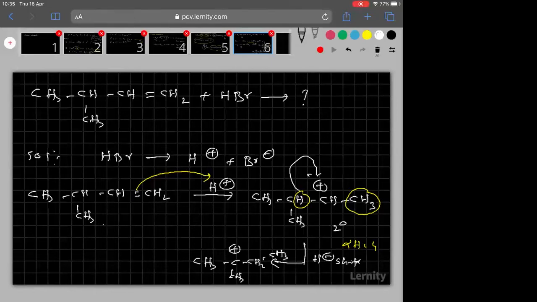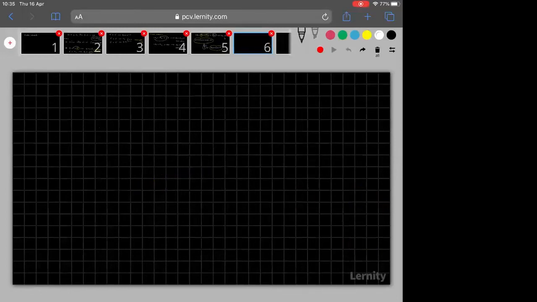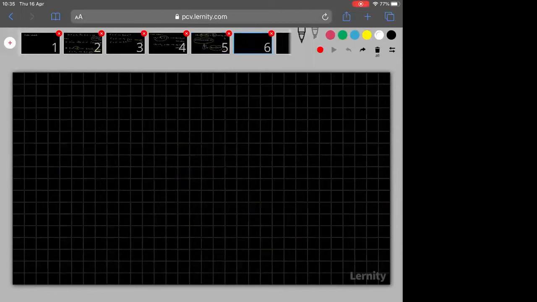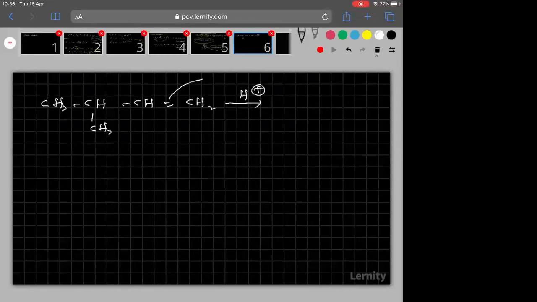I will write this somewhat neatly so that you can understand clearly. Please wait for some time. Here I am taking this mechanism once again: CH3-CH(CH3)-CH=CH2. First of all, the pi bond will be polarized towards H plus.